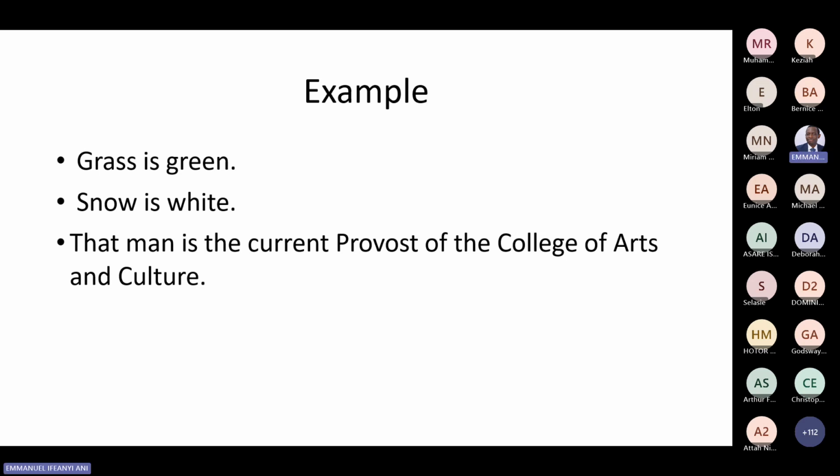If the facts show grass is not green, or snow is not white, or the man is not the current provost of the College of Arts and Culture, then you have disproved the factual statements. You disprove factual statements by verification, and to verify is to go and check the facts.